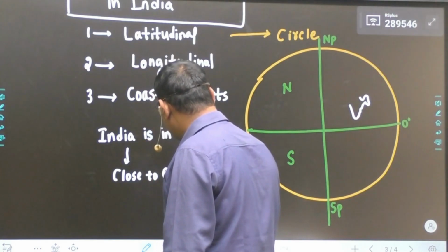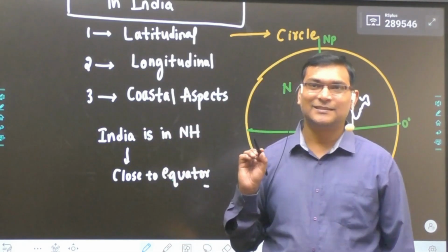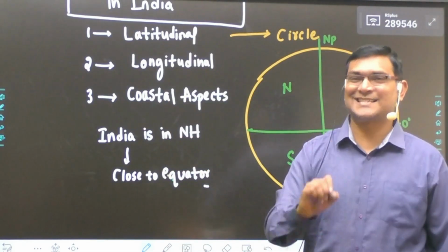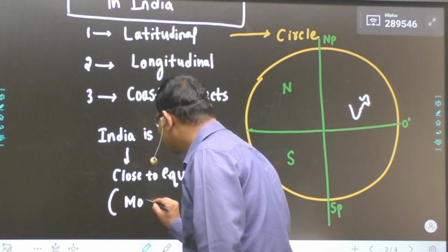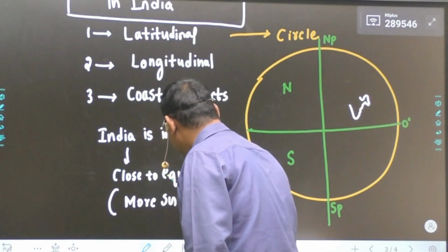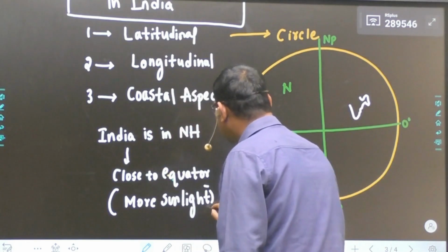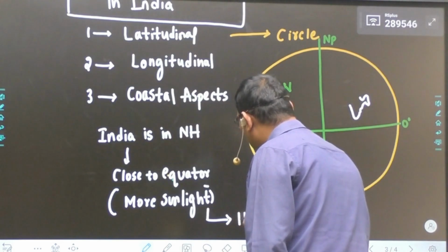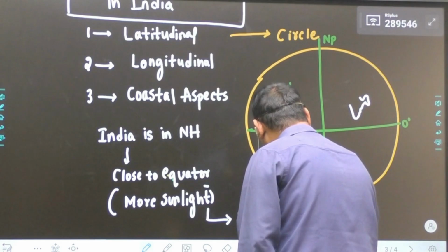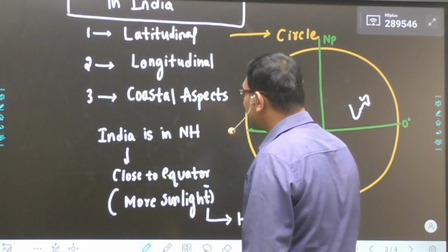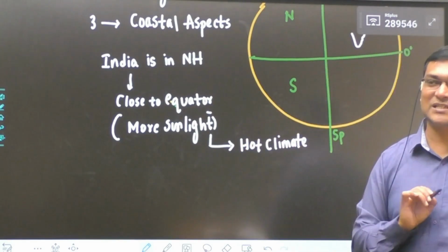What is the significance of India being close to the equator? Yes, that is more sunlight. If it is more sunlight, can I say hot climatic conditions? And if it is hot climatic conditions, what is the significance?